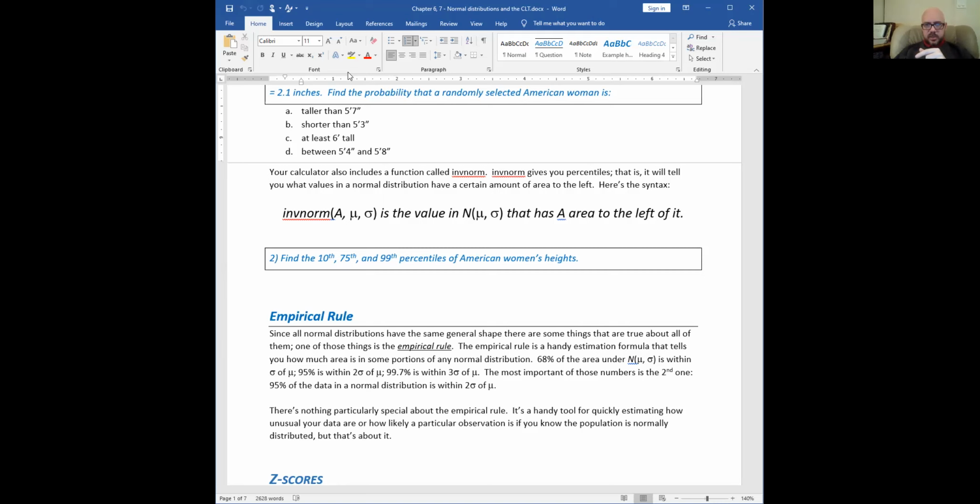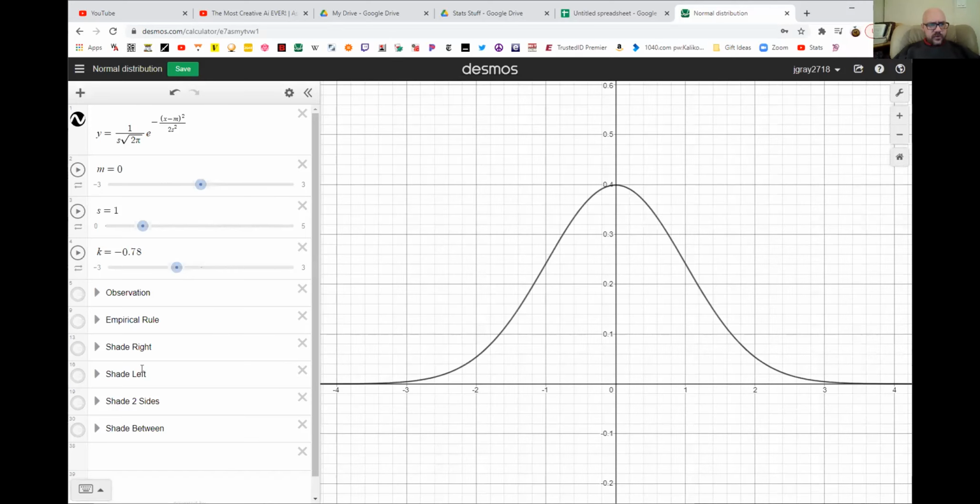So this is what I want. What you would do, for instance, is you would tell your calculator, okay, I want this shaded area right here to be 10%, right, to be 0.1.